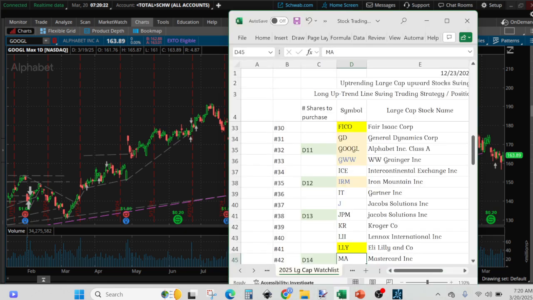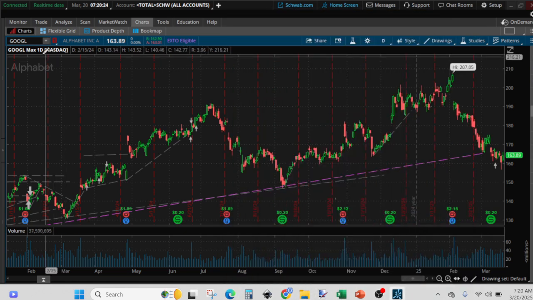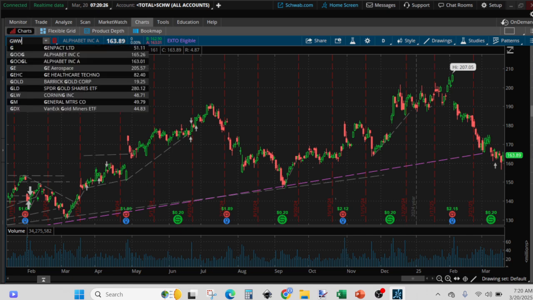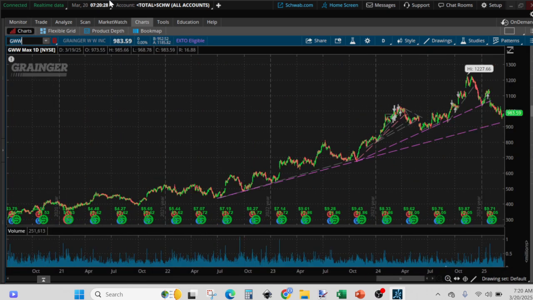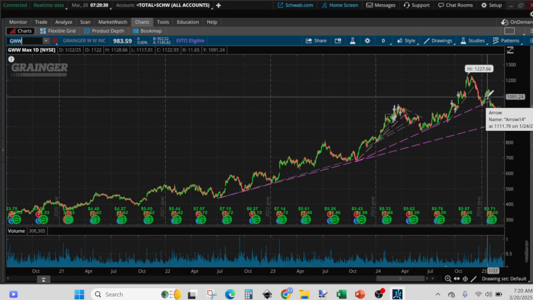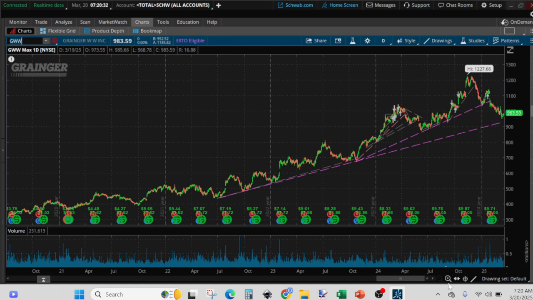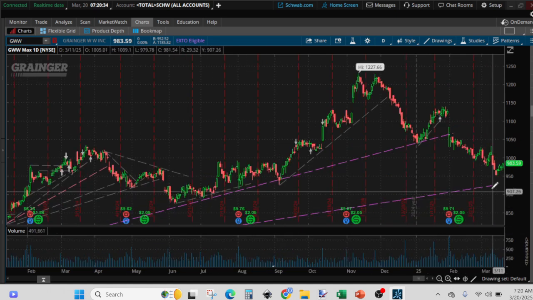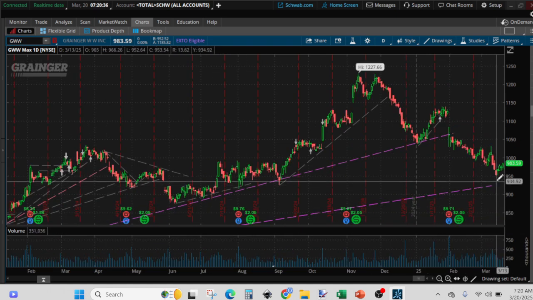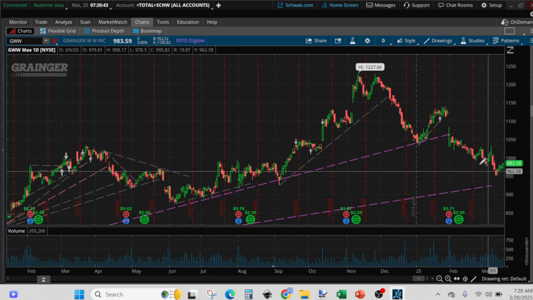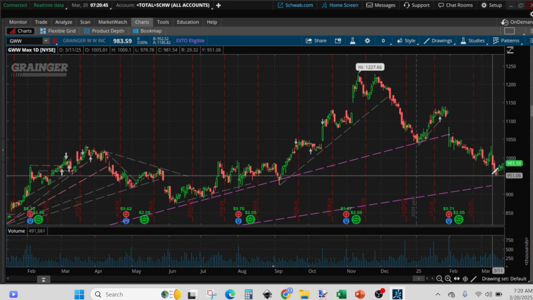Okay, the next one is GWW. We bought that one as well. We bought it there and right now it is going back down to this area. We can decide to buy some more if we want to, because we are having lower lows here.